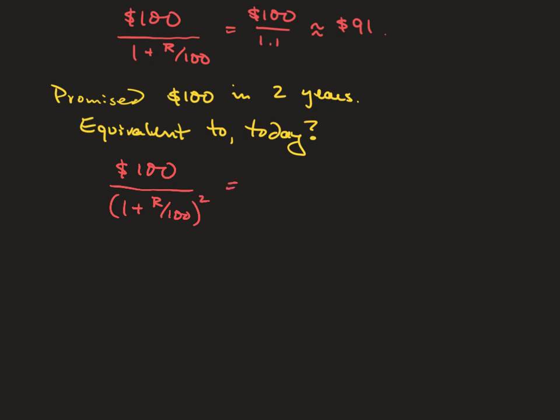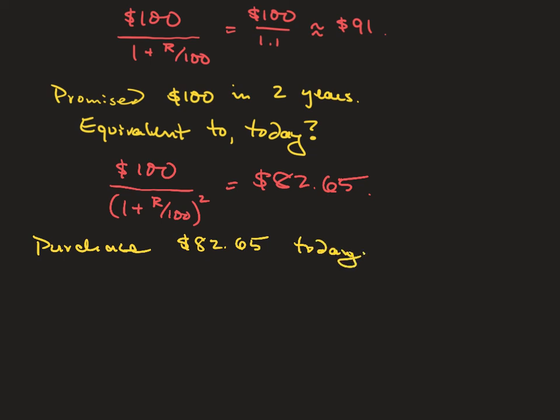So, let me pause for a second. $82.65 is what I could borrow today and repay in 2 years with that $100. So I could purchase $82.65 today. Okay, charge it to my credit card.